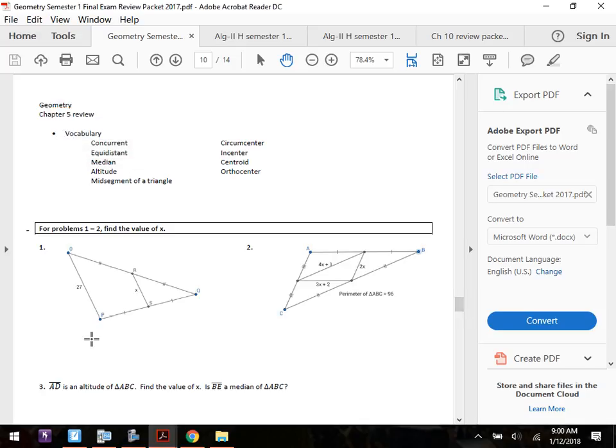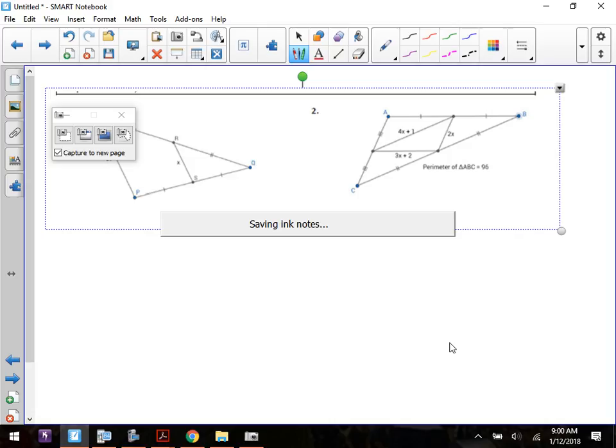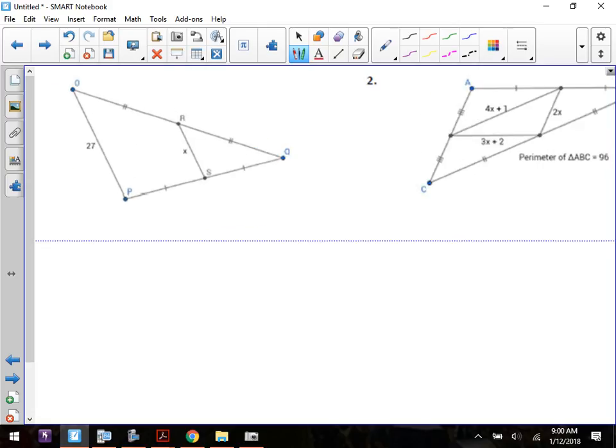So let's see here. First couple of problems, we've got to solve for x. Well, let's see. In the first example, that segment is connected to the triangle. If segments connect the midpoints to the side of a triangle, that means it's a mid-segment. The mid-segment is always parallel to the side of the triangle, and it's always equal to half of the side.